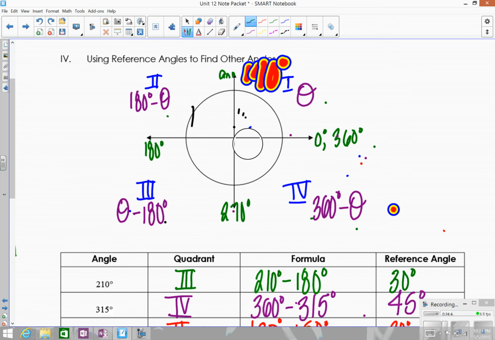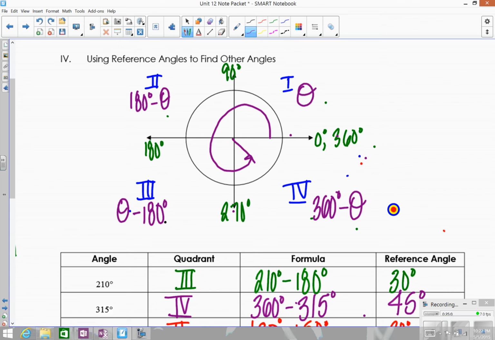This is getting crowded, so let me get rid of some of this stuff here. So this is 90. Okay, so if I'm looking at the next one, which is 330, I start here, I go all the way around, I have to go past 270, somewhere in here. So this is 330. The reference angle is this little section here.